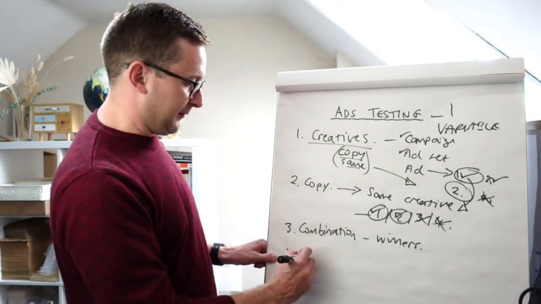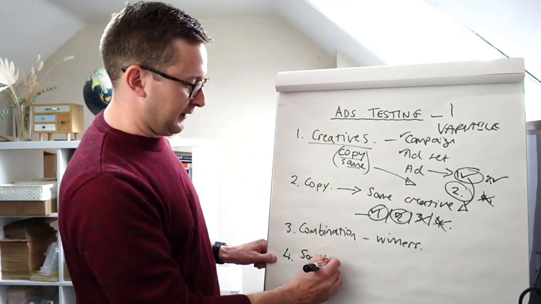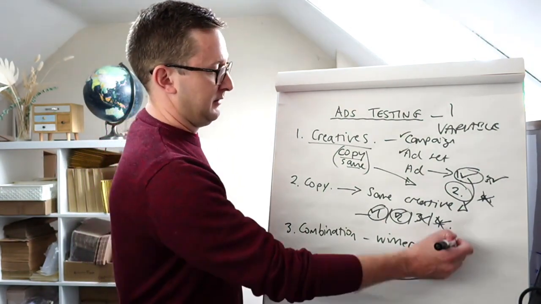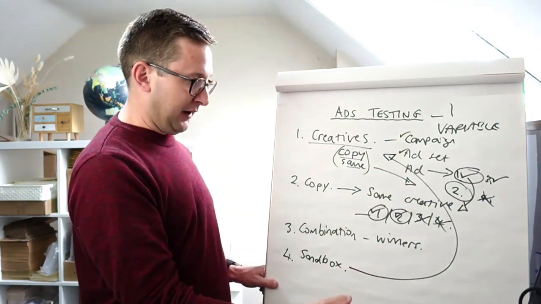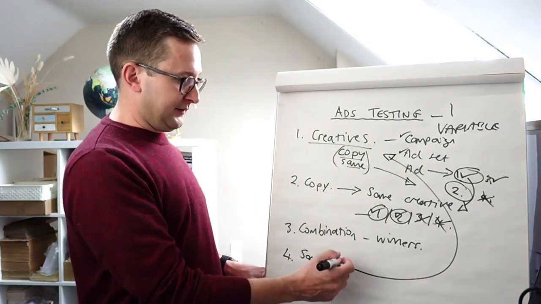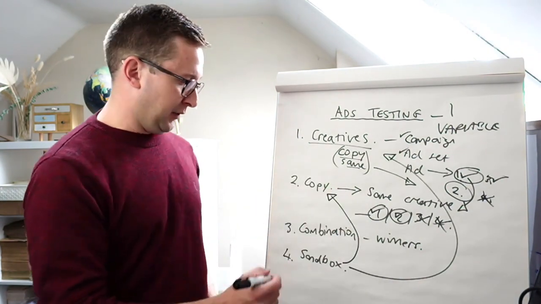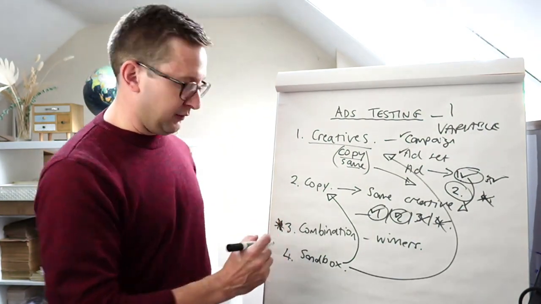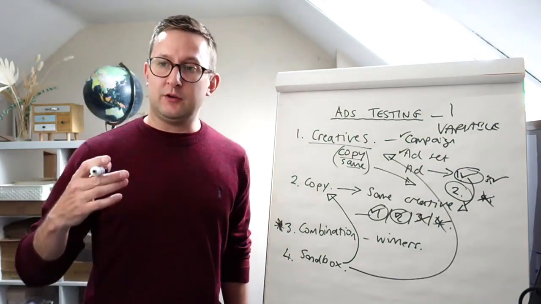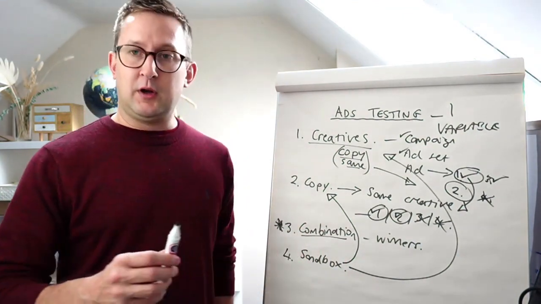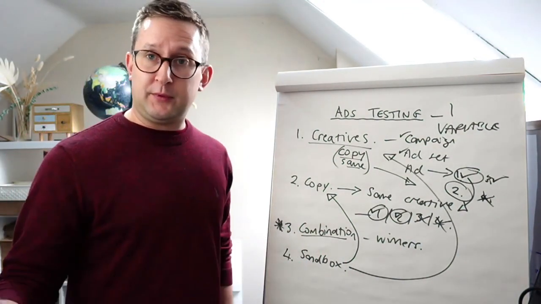In addition to that, what you need is a sandbox campaign where you keep testing these things. So you have a sandbox campaign that's testing creatives, and you'll have a sandbox campaign that's testing copy, because this is the one that we know is going to perform in the short term, but it is not necessarily going to perform over the long term, because they don't.